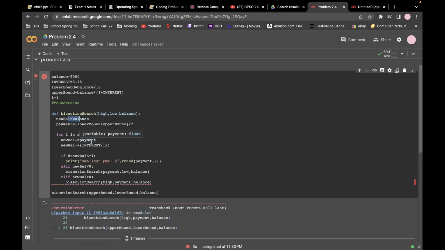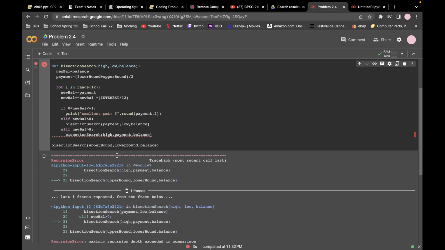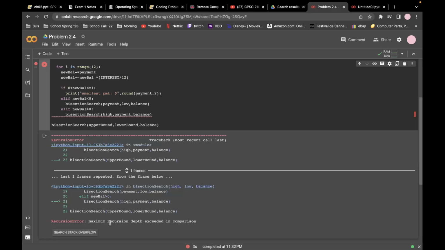I'm confused here. Oh, I see. I don't think that should matter much though. Yeah, that wouldn't affect the maximum recursion depth.